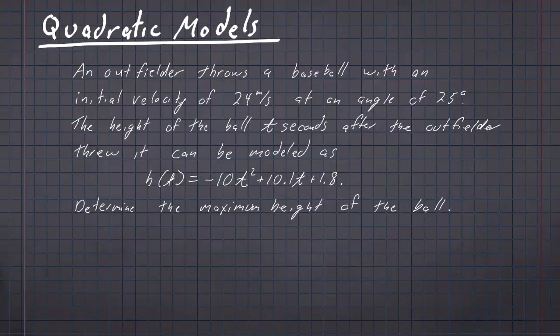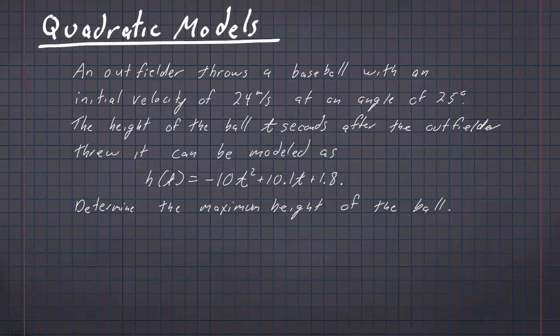Quadratic models. The idea here is we can use quadratic functions to model real-world situations and make predictions about the world. As you can see, I already have a situation written out, so let's dive right into it. An outfielder throws a baseball with an initial velocity of 24 meters per second at an angle of 25 degrees.